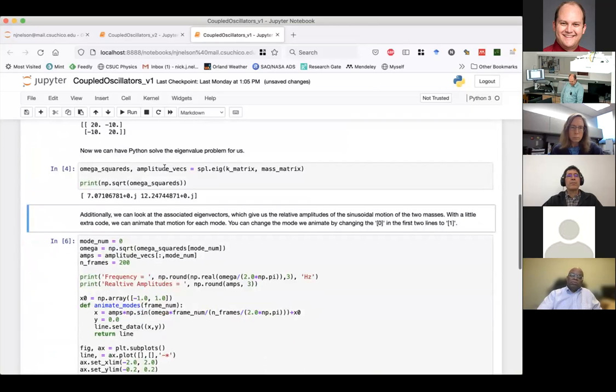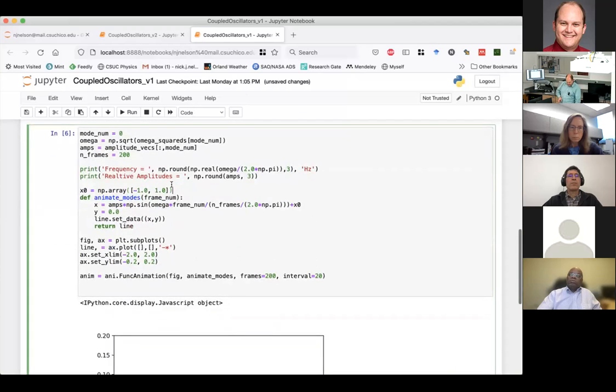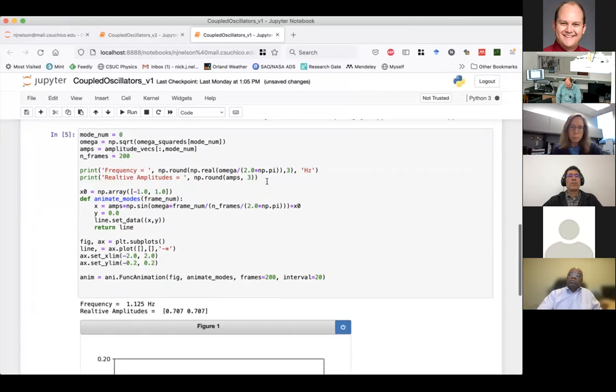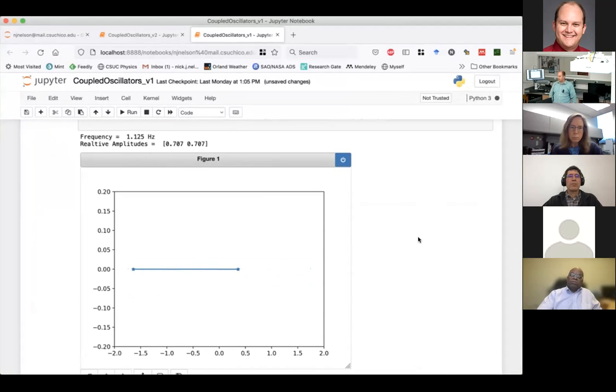If I throw it through a SciPy eigenvalue finder, it reduces and gives you the eigenvalues. Then I give them this little snippet of code that creates a fun little animation that shows the normal mode in a very simple animation. I give the students this code. I just say it's on our course website.